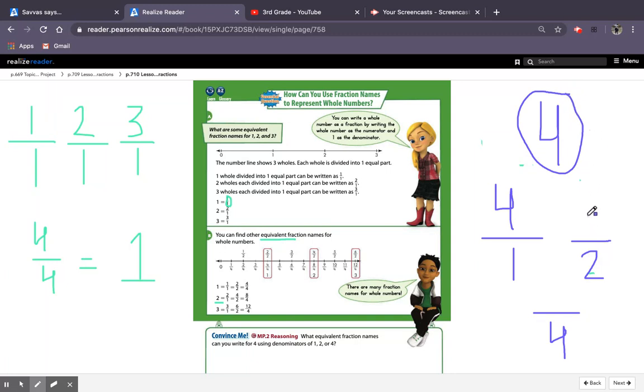Think about it. What divided by 2 is 4? 8. So 8 halves is equal to 4. And then what divided by 4 is 4? 16. So again, 16 divided by 4 is 4.